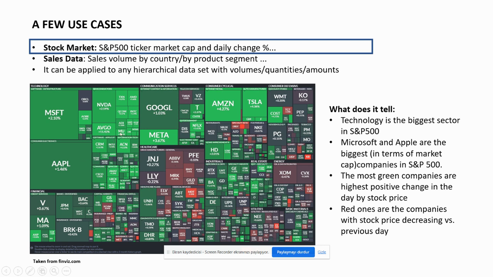Also, the greenest companies, small or big, have the highest positive changes versus the previous close in terms of ticker price, and the red ones are not performing well. You can also identify the sectors' performance and, within them, each company's relative performance.